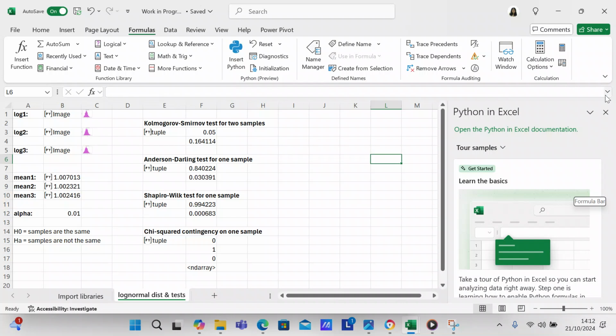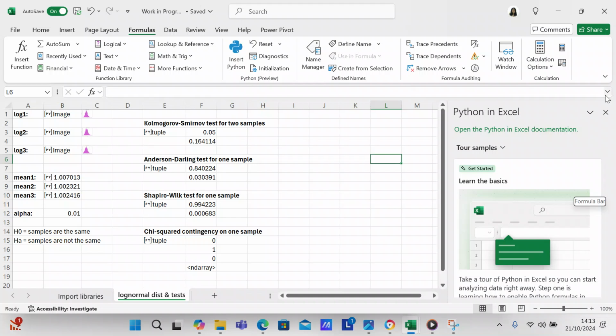The Kolmogorov-Smirnov test is non-parametric, so that means it's not set on a particular distribution, which is why I've been able to have successful p-values on every Kolmogorov-Smirnov test and distribution that I've done so far.